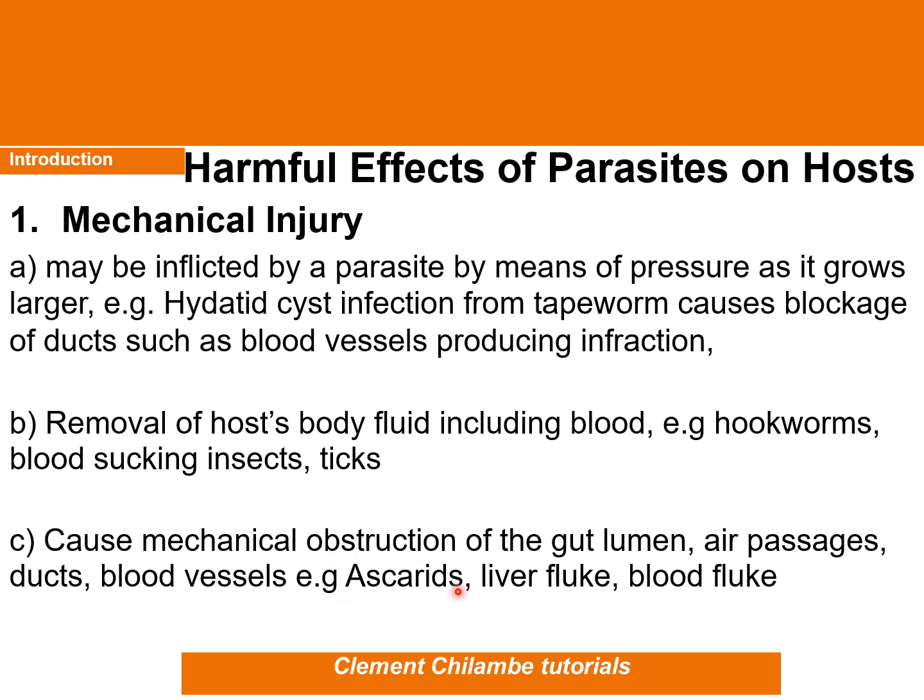Examples are ascarids, the liver fluke, and also the blood fluke. They are capable of obstructing the gut lumen, the air passages, ducts, and also the blood vessels and some other components of the body that we might be limited in mentioning here. So that is the first harmful effect of parasites on hosts, mechanical injury.